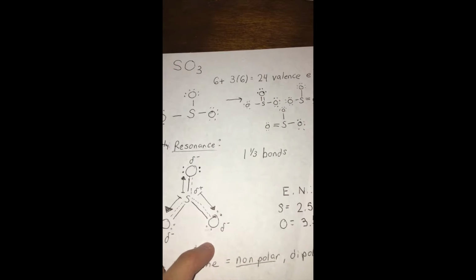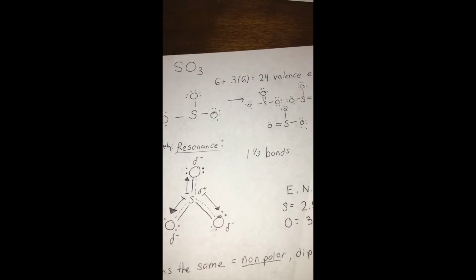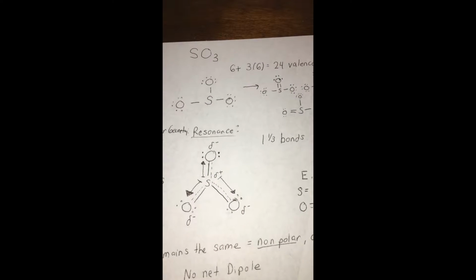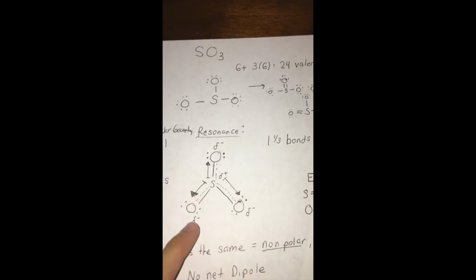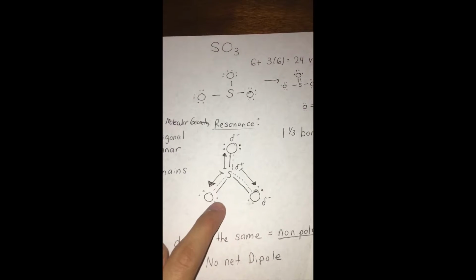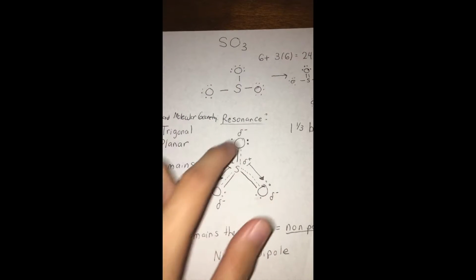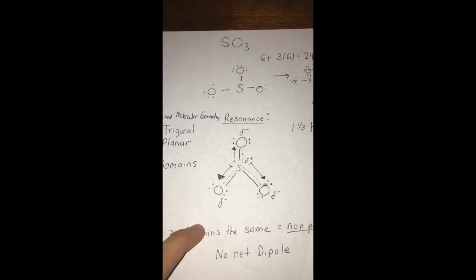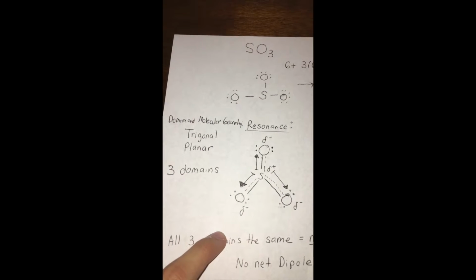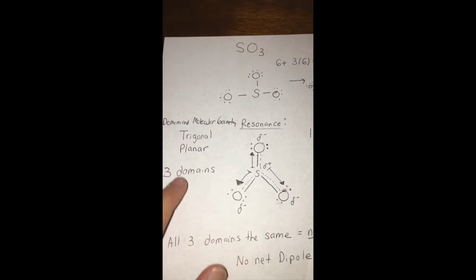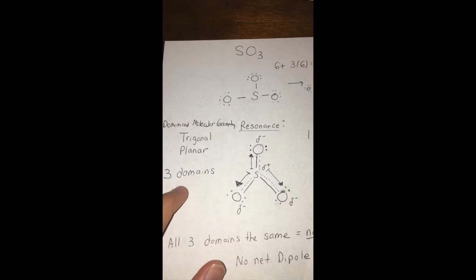The resonance structure is actually going to have a shared bond between all 3, so there's going to be 1 and 1/3 bonds between the S and the oxygens. Now the molecular geometry is going to be trigonal planar because there's 3 domains and no non-bonding electrons.